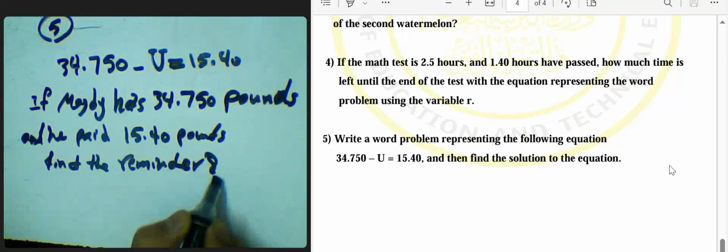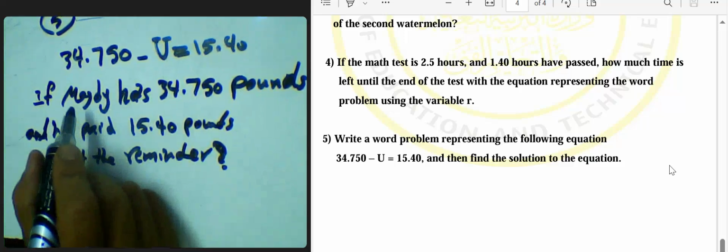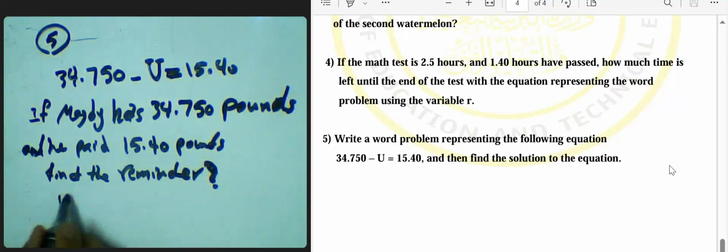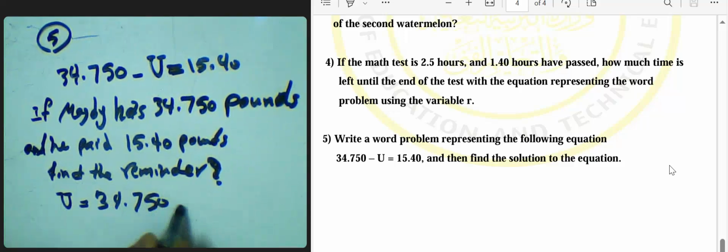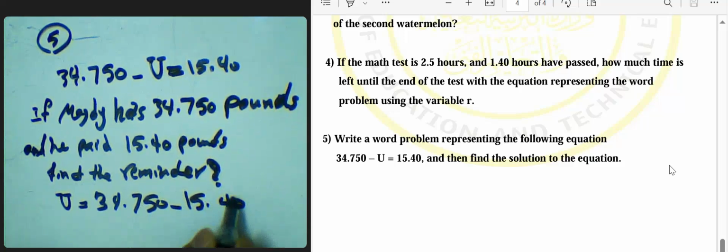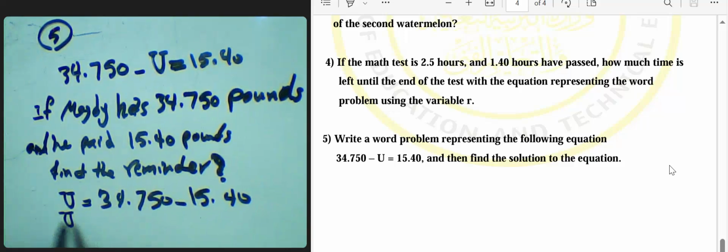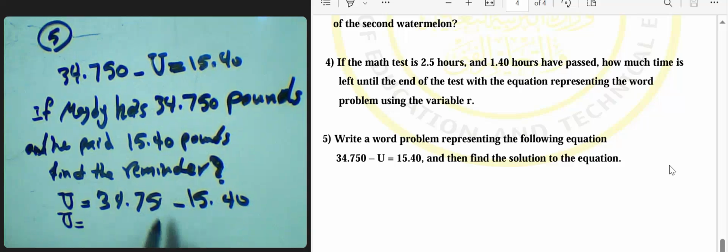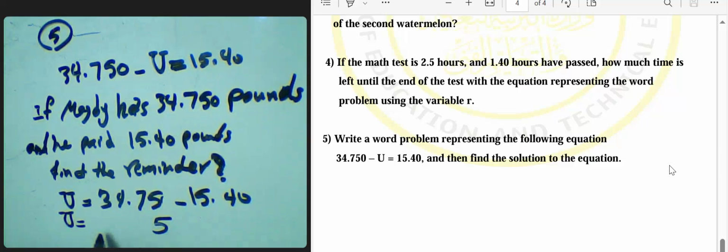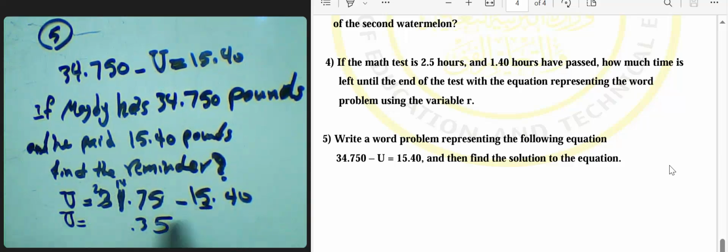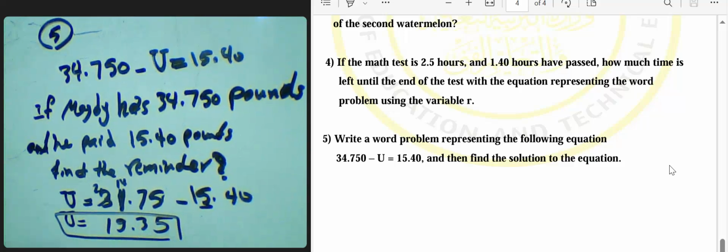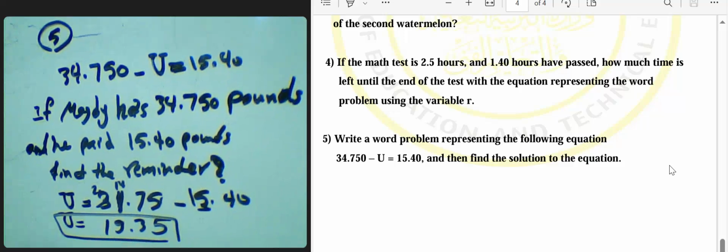What do we want to find? The remainder, so we will do minus. So I tell him here u equal 34 and 750 subtract by 15 and 40 hundredths. Right here 7 minus 0, 5 minus 0, 5, 7 minus 4 to be 3, borrow 1, 14 minus 5 to be 9, 2 minus 1, 1. So the value of u to be 19 and 35 pounds.